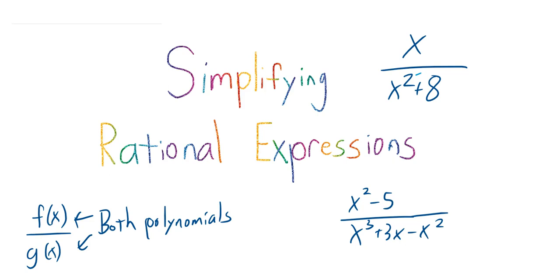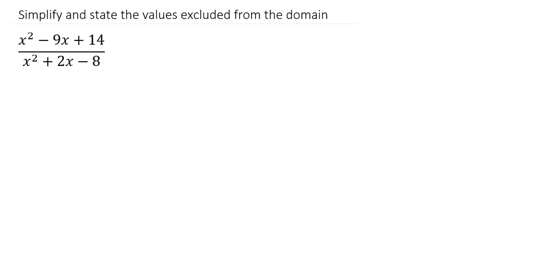This video is about how to simplify rational expressions. This video is like if fractions and factoring had a baby. Because to simplify a rational expression, my first step is to factor the top and factor the bottom. In this one, factoring is going to be much more pleasant than it sometimes could be, because these are both quadratics with a leading coefficient of 1.